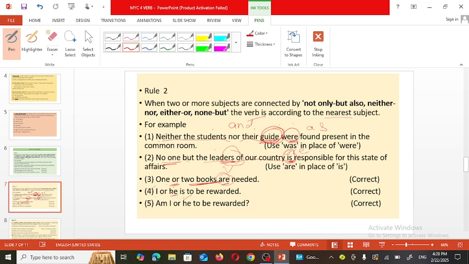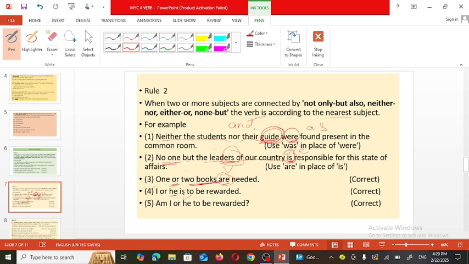Now see the question. Am I or he to be rewarded? I or he to be rewarded is an assertive sentence, and this is in an interrogative form.